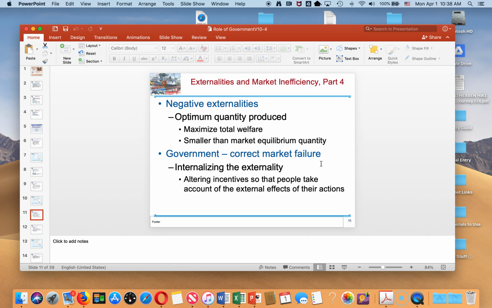Somehow, like a parent and a child, if the child is hurting somebody else, the parent, as the third party, is going to punish the child for the actions upon that third party, so that the child will not do it again if he or she knows that that punishment is going to happen.